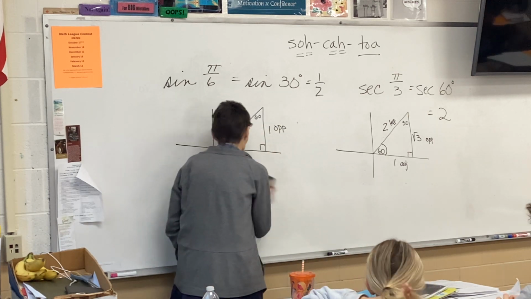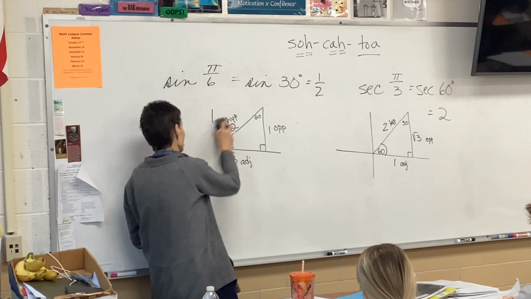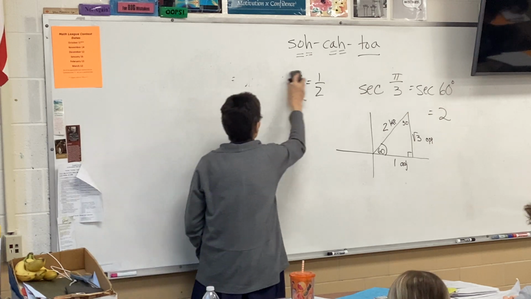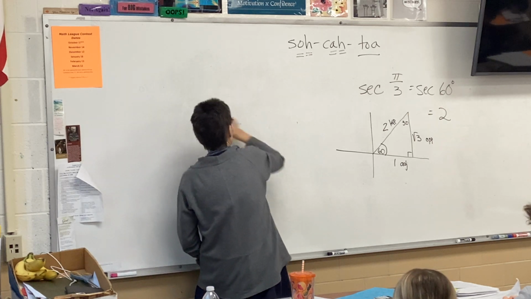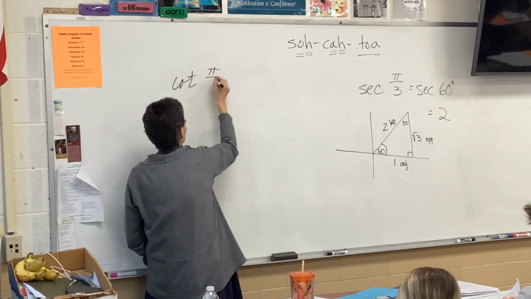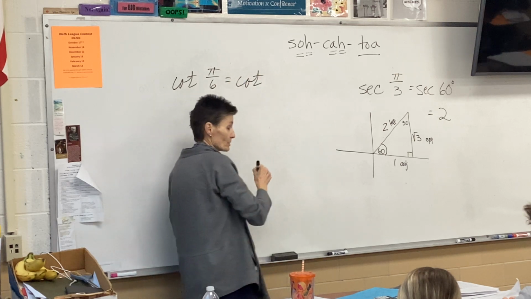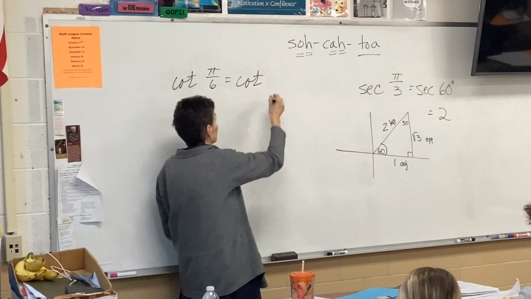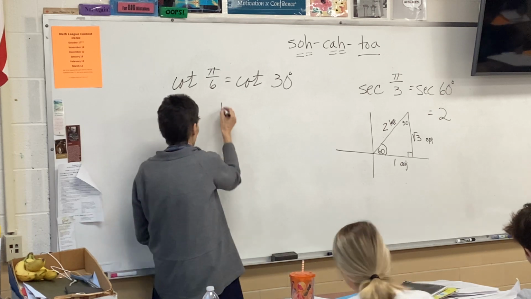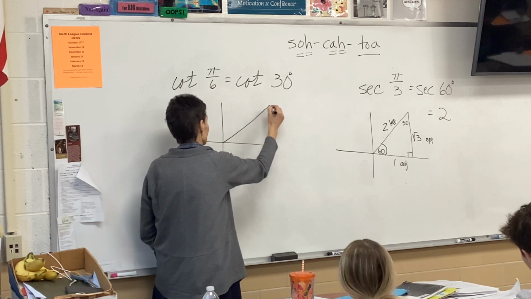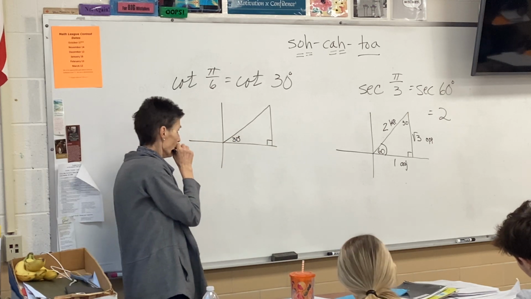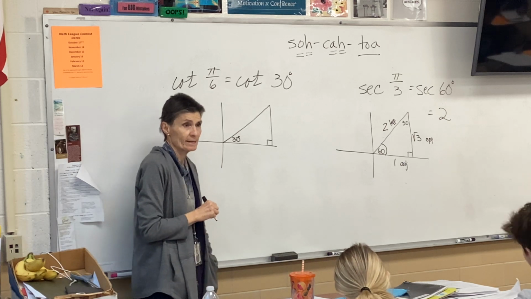D. We're going to come back and do D in a minute, it's a little bit different. D says find the cotangent of what? What's pi over 6? 30. So I draw my picture. Is that another 30, 60, 90 triangle?